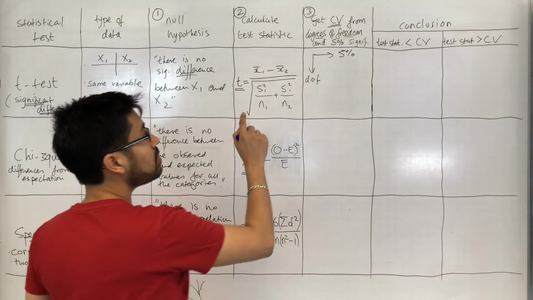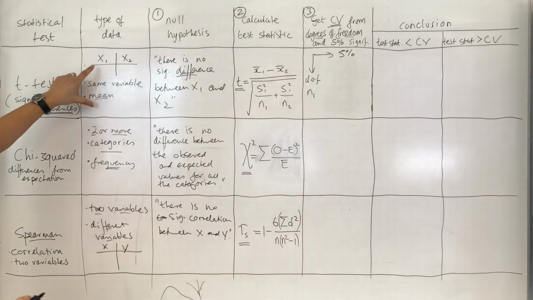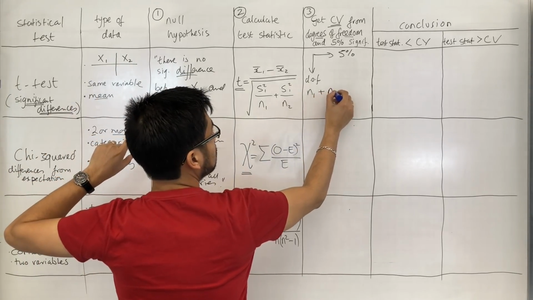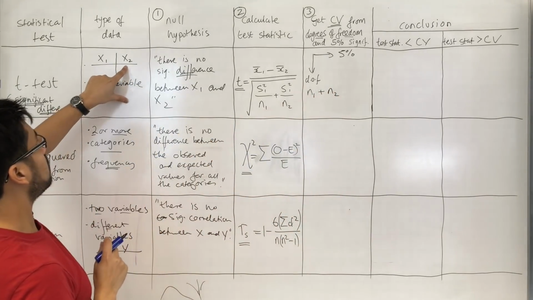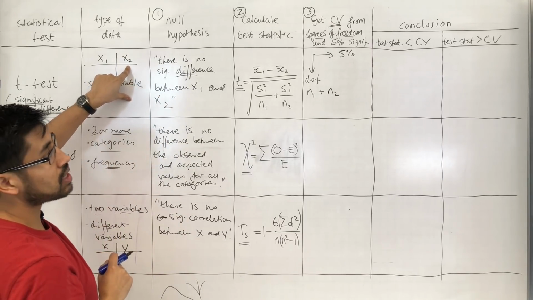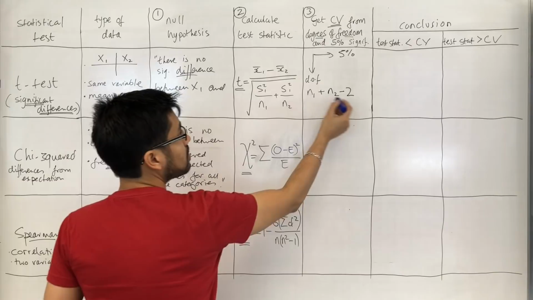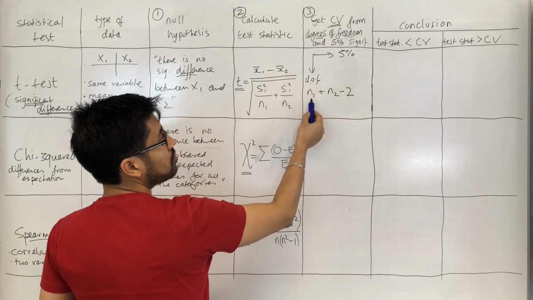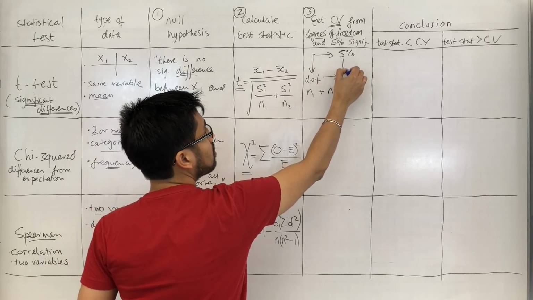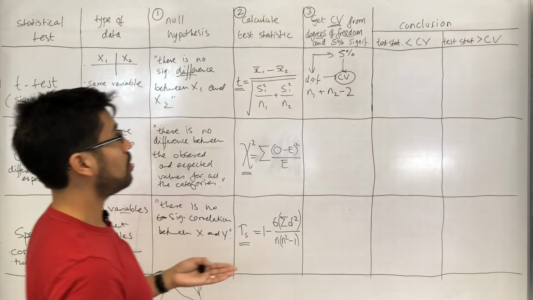The way you get your degrees of freedom for a t-test is by adding the number of values you had in variable 1 to the number of individual data points you had in your second population, minus 2. That will give you your degrees of freedom, and once you have that from your data, you simply read and find your critical value based on that.